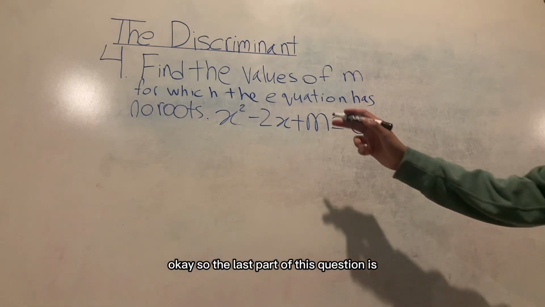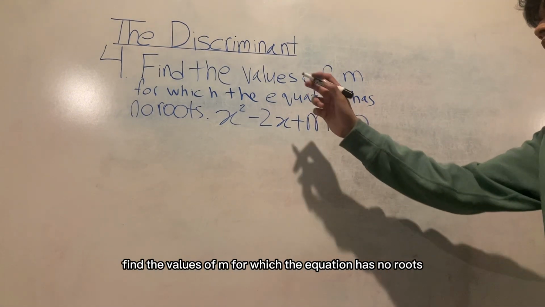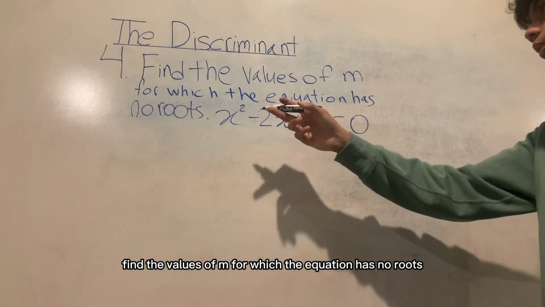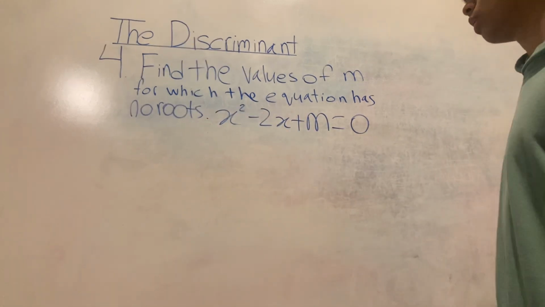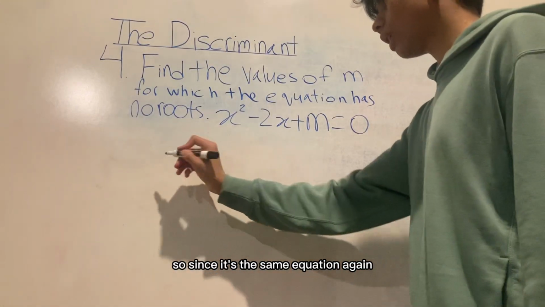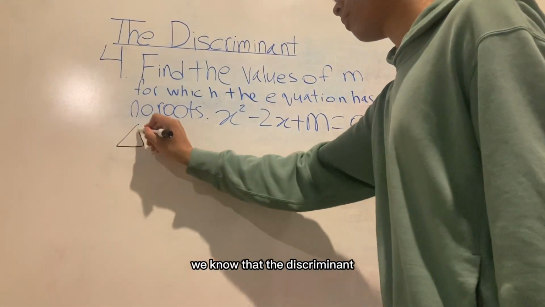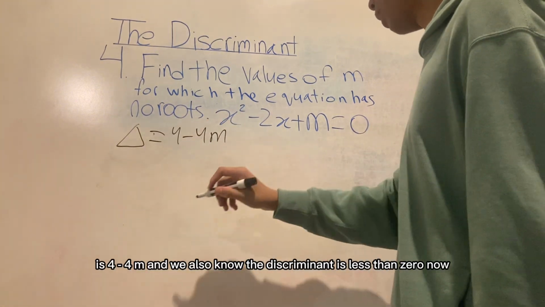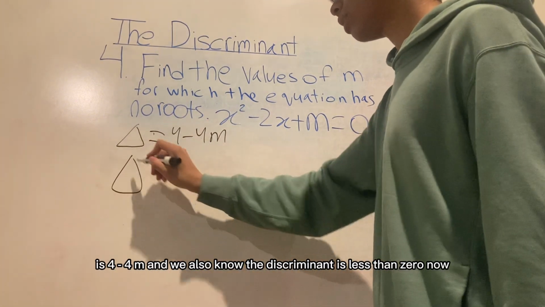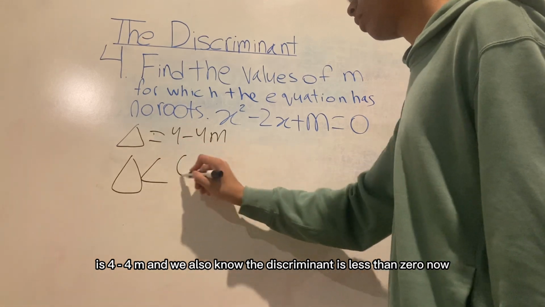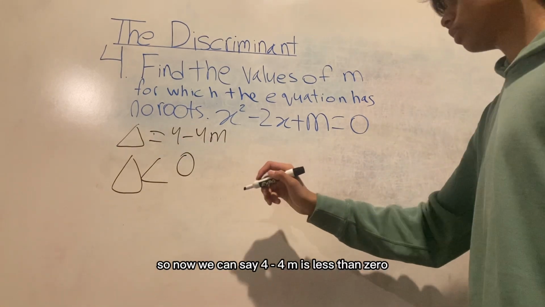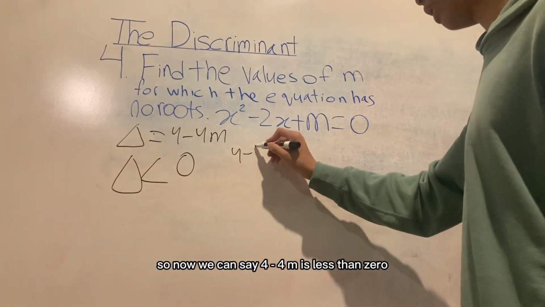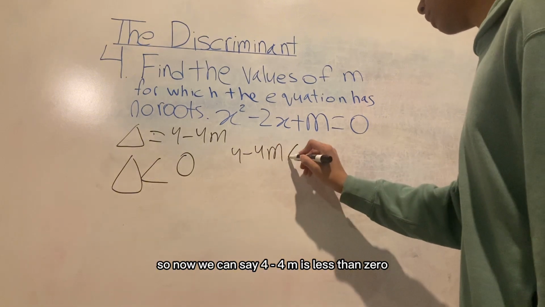Okay, so the last part of this question is find the values of m for which the equation has no roots. Since it's the same equation again, we know that the discriminant is 4 minus 4m, and the discriminant is less than 0 now. So 4 minus 4m is less than 0.